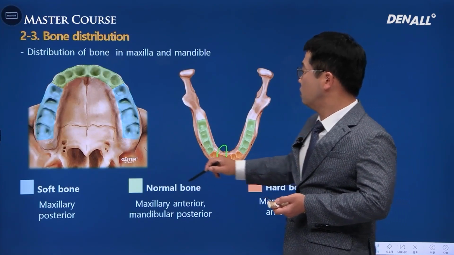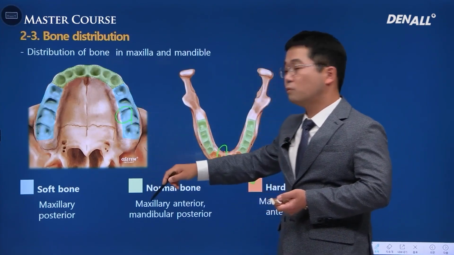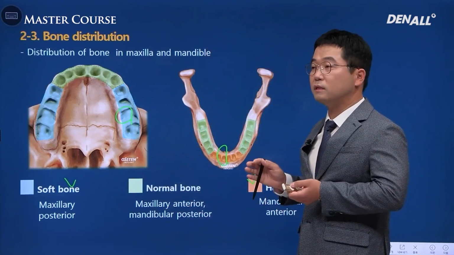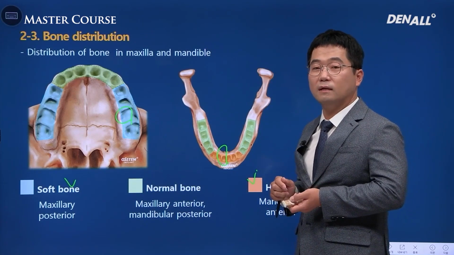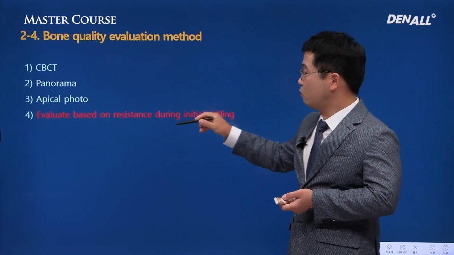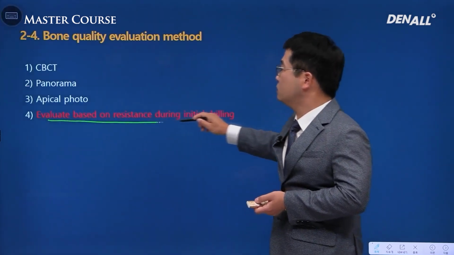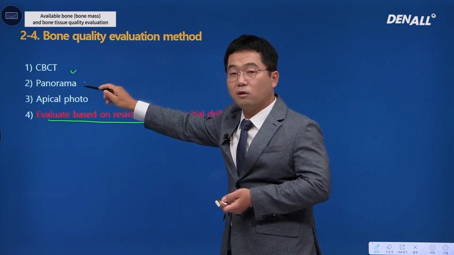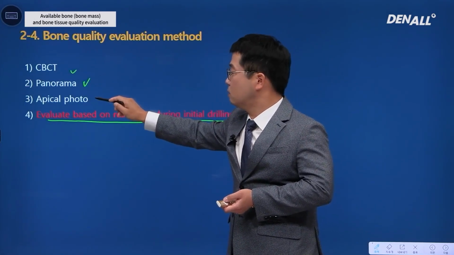In the case of lower posterior, there's a tendency of soft bone. Yes, it may vary depending on patients. As I was preparing this lecture, I've highlighted this in red. You can evaluate the bone quality using CT, panorama, or PA image.